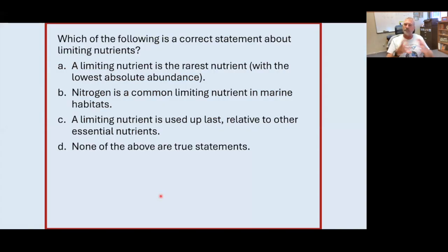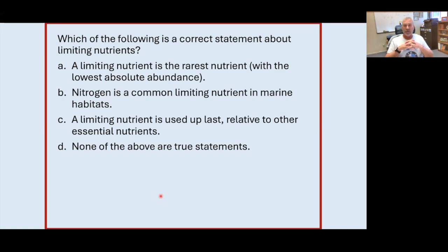So another clicker question. Which of the following is a correct statement about limiting nutrients? Well, if you look at this, you would see that B, nitrogen, is a common limiting nutrient in marine habitats. Limiting nutrient is not necessarily the absolute lowest abundance.